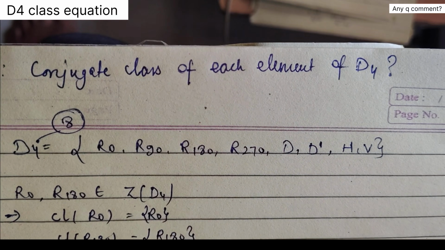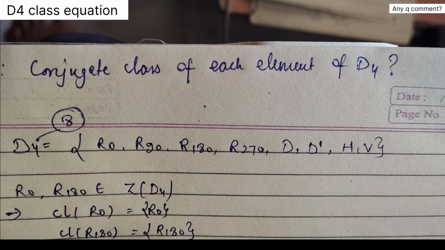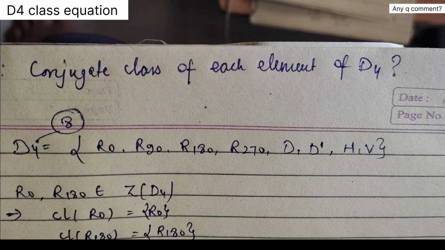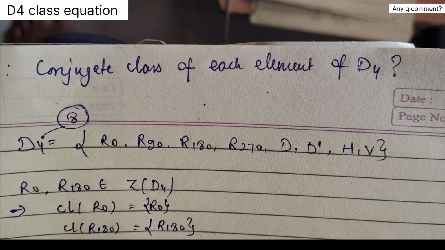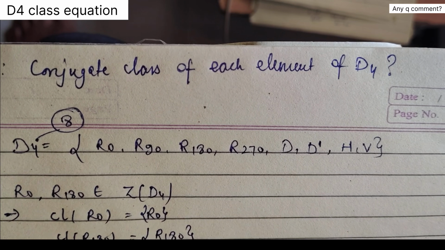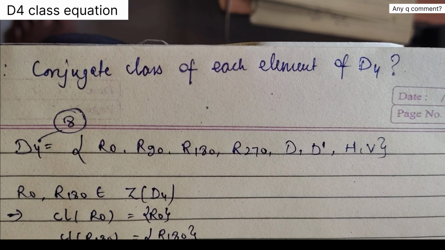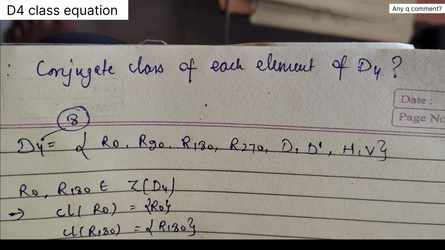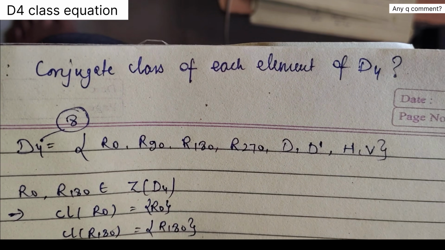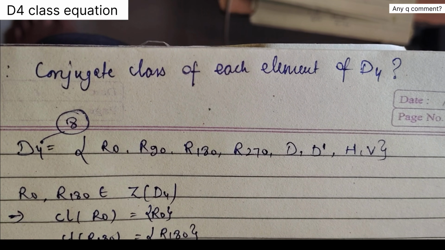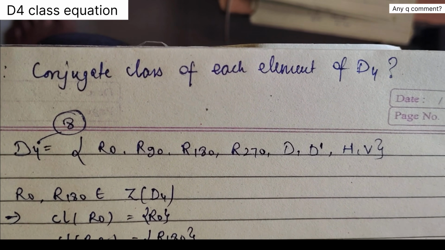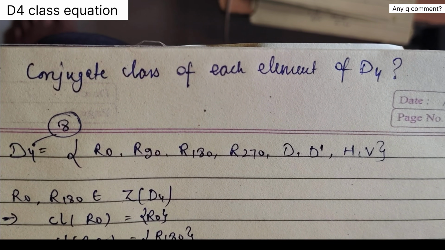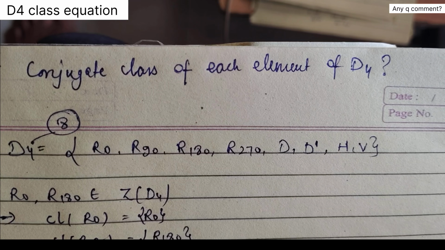Second, we need to find the class of R90. For this we have the definition: the class of A consists of the elements x inverse A x for x belonging to the group, and here the group is D4. So let's write all the possible forms for R90.